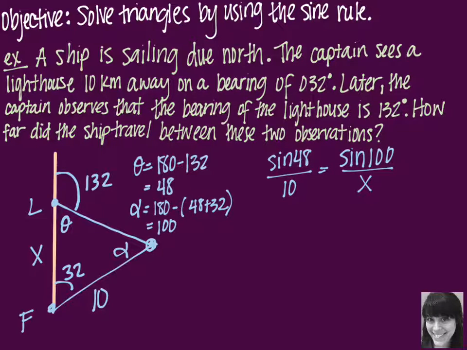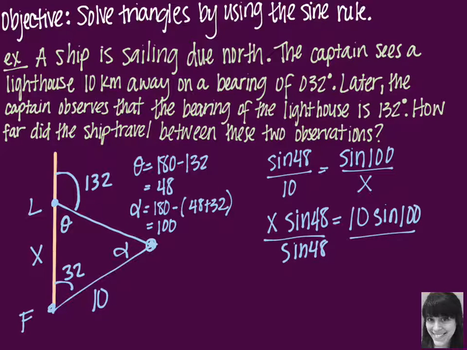And now I just cross multiply. x sine of 48 equals 10 sine of 100. And then I divide both sides. And so you get x equals, if you put that into your calculator, 13.3 kilometers.